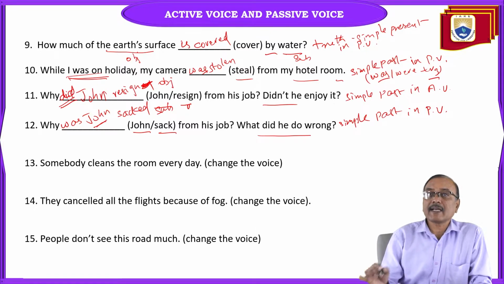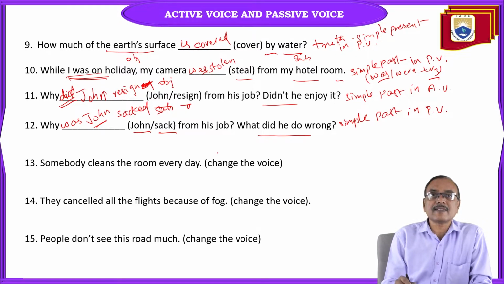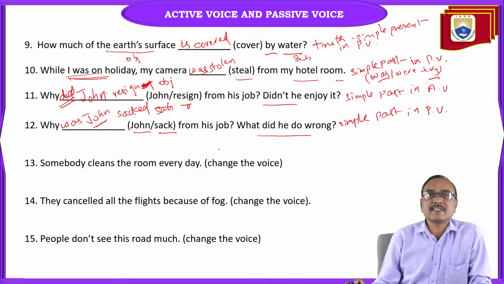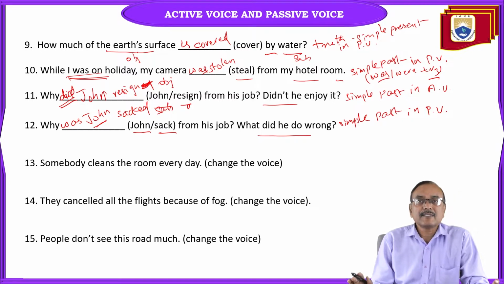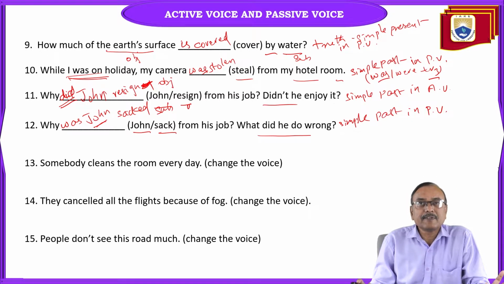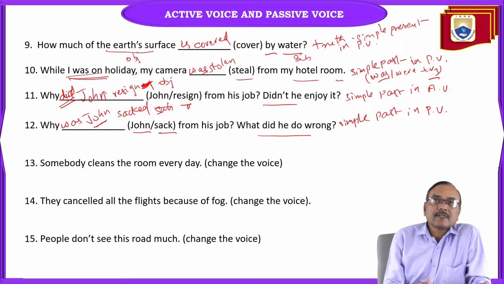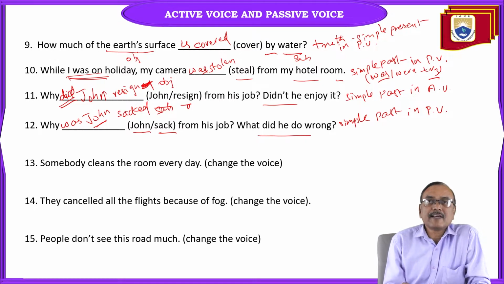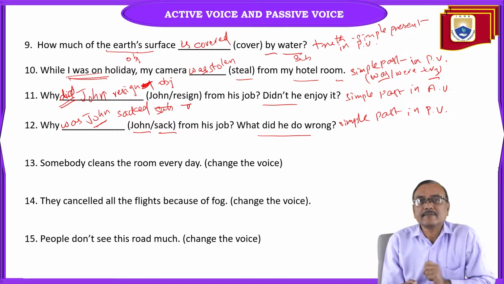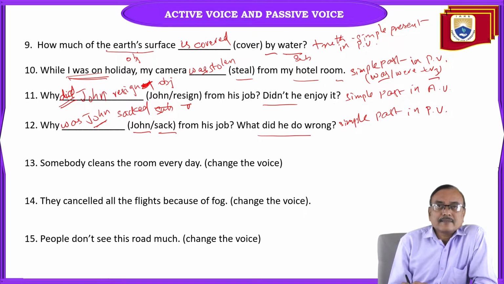So was sacked is the right one. John was sacked. So what are we doing here? We are bringing this was before John, since it is a question. So in questions, always bring the helping verb before the subject of the sentence. Why was John sacked from his job?